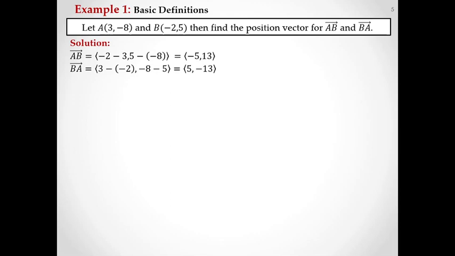If this is AB, you take B minus A. You take the x value of B, -2, minus the x value of A, 3, and the y coordinate of B minus the y coordinate of A. If it's BA, you take A minus B: you take the coordinates from A, then subtract the coordinates of B.